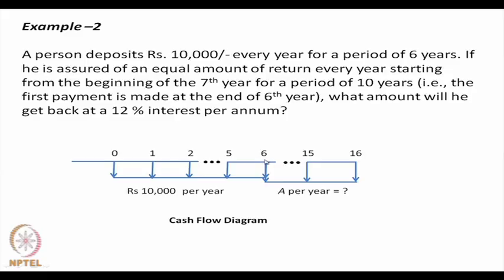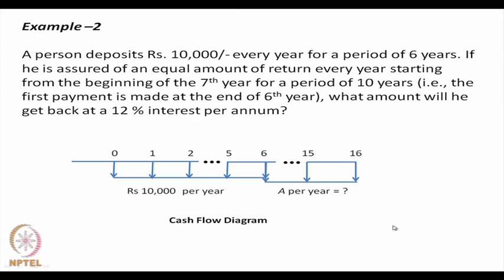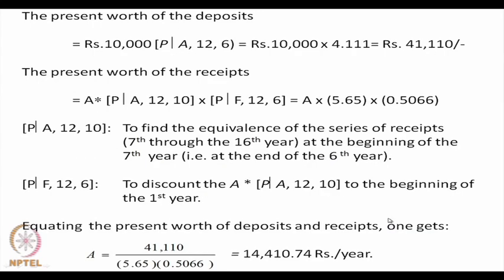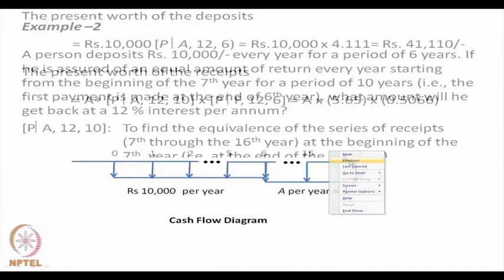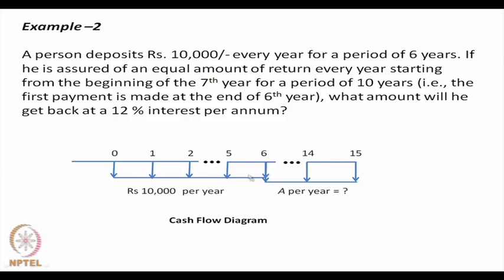So, there is a mistake here, this should be 14 and that should be 15. Because the first payment is made at the end of the 6th year, the 10th payment will be made at the end of the 15th year. That will make it 10 years.